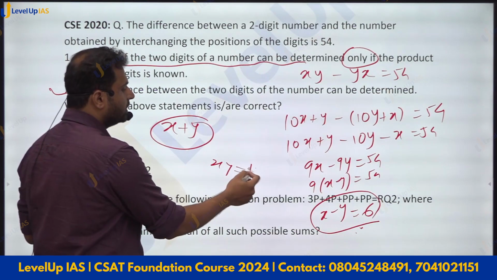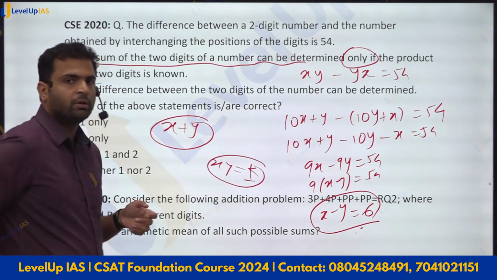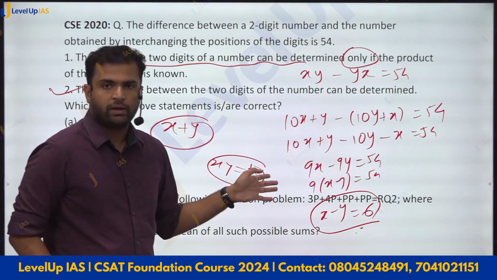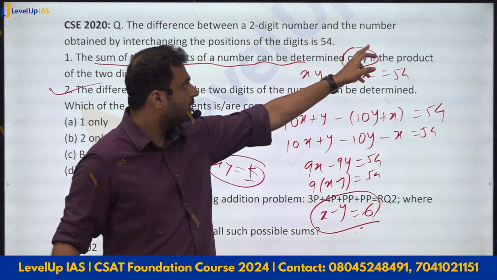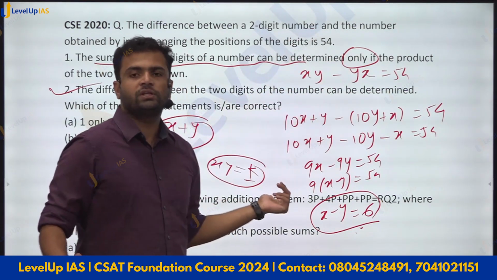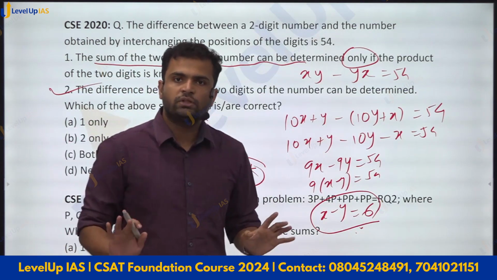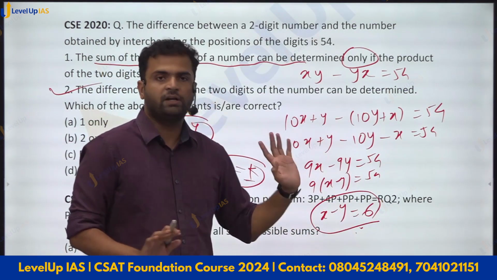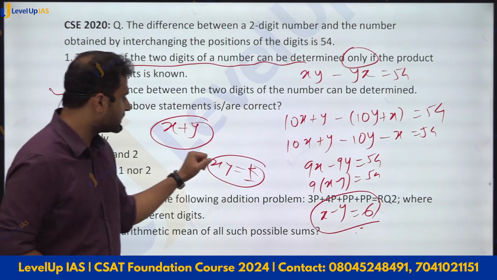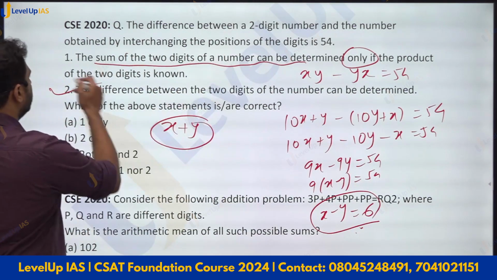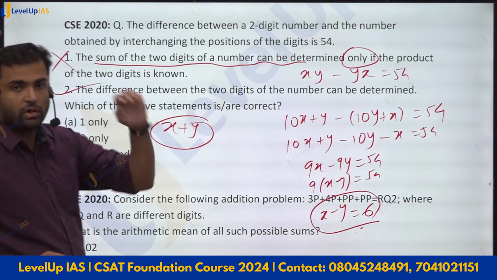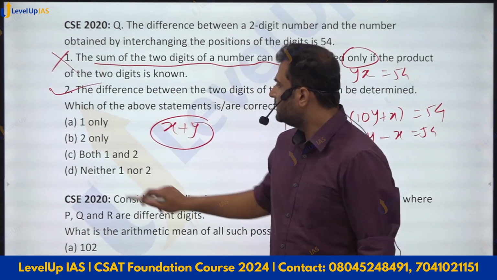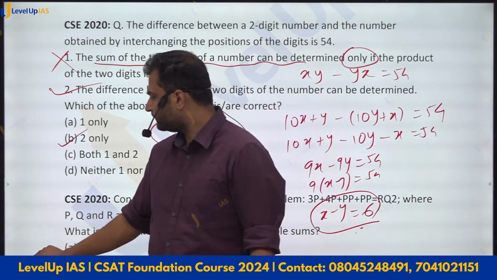I mean, if we know this particular equation, where k is some number, then we can find out x and y. That is okay. But can we comment on x plus y only if this equation is given? No, any other equation would also do, which has to be different from x minus y is equal to 6. That is why, because of that word "only", this statement is wrong and the answer is 2 only.